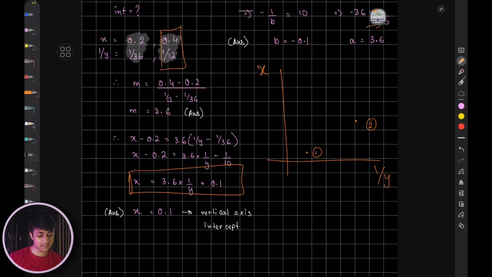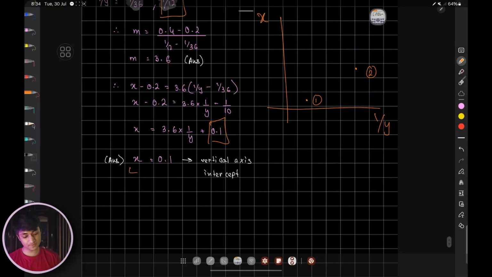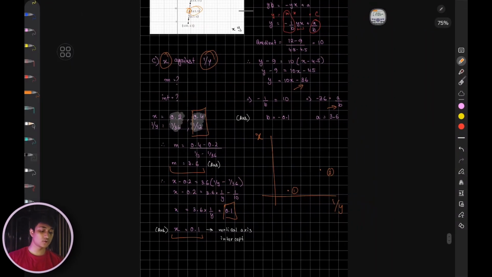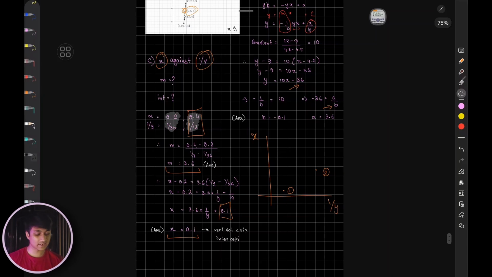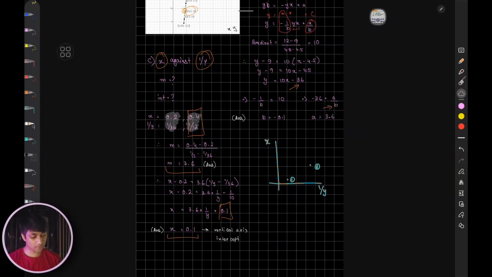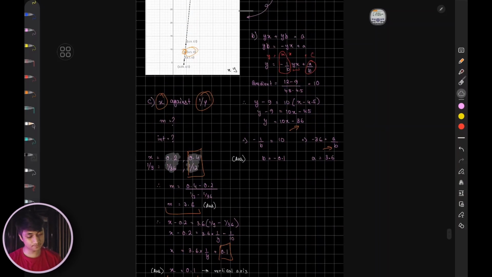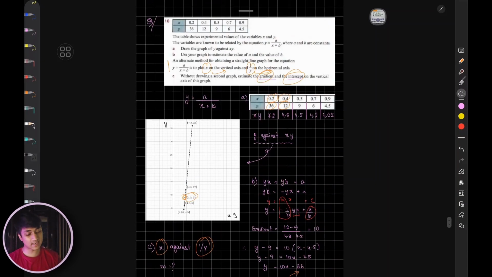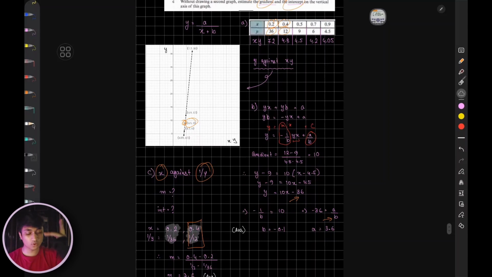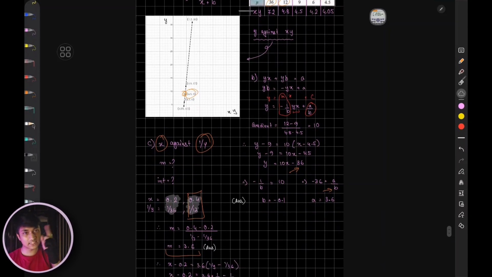So ultimately, did you get the y-intercept? Yes, you did, which is 0.1. So the y-intercept is going to be x is equal to 0.1 and your gradient is going to be 3.6. So without drawing a diagram or plotting a graph, we have found out by converting the coordinates, any two sets of coordinates I have taken, to respect the statement they have given us.